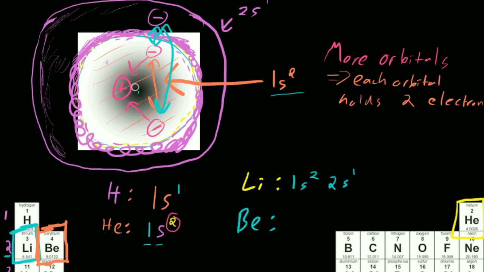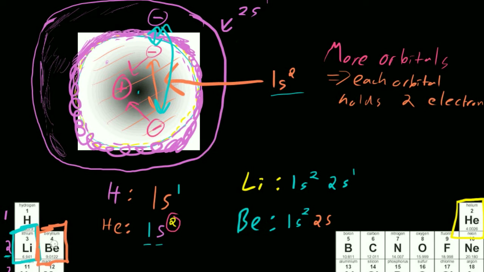So we're going to start out with our 1s orbital, and we're going to fill up that orbital completely with electrons. So we're going to say 1s2, that orbital is now completely filled. And so now we're going into the 2s orbital. And how many electrons?